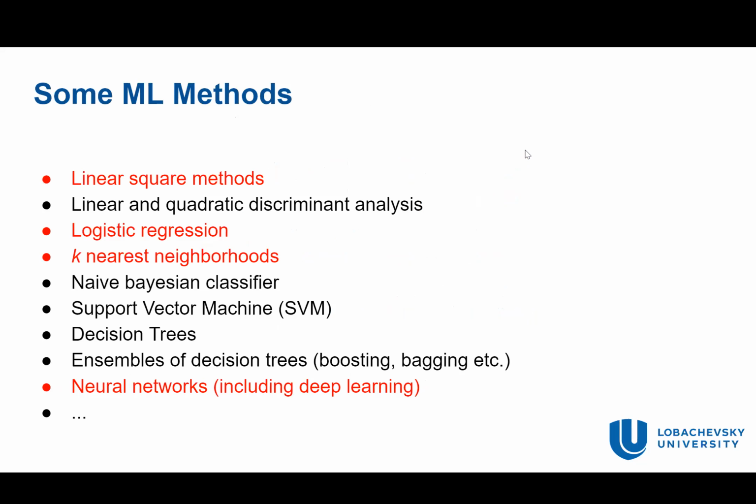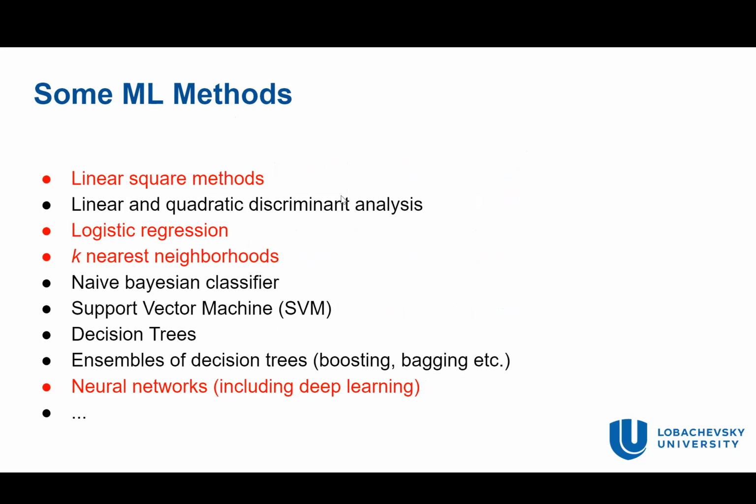There are a lot of machine learning methods, and in our course we'll consider four of them: linear least squares methods, logistic regression, k-nearest neighbors, and neural networks.